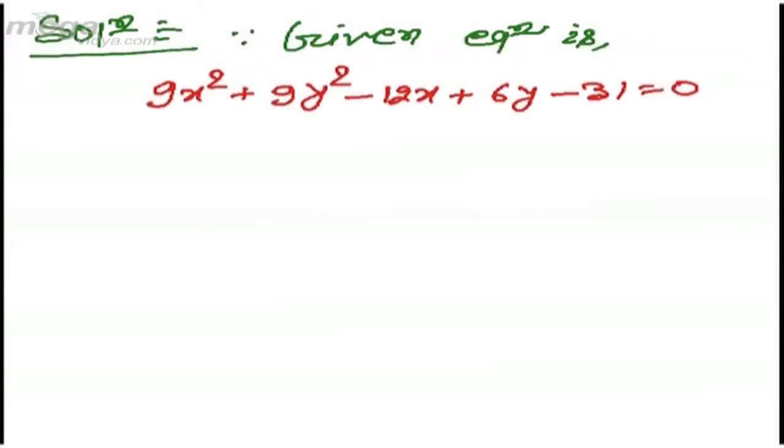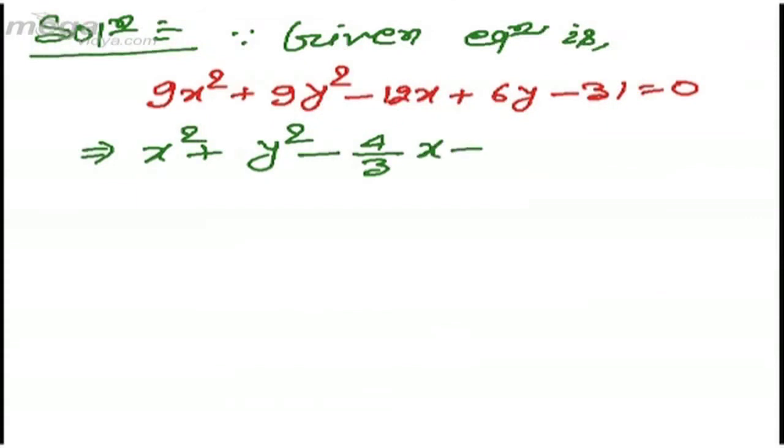Now we will divide the whole equation by 9. If you divide it by 9, then what you will get? x square plus y square minus 12 upon 9, so it becomes 4 upon 3 x, plus 6 upon 9, so it becomes 2 upon 3 y, minus 31 upon 9 is equal to 0.